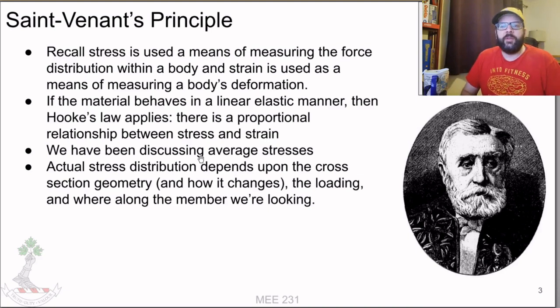If you have any abrupt changes in the geometry of your object, then essentially the stress needs to get distributed around those disruptions, and it causes stress concentrations. The loading matters, and where upon the member we're looking matters.